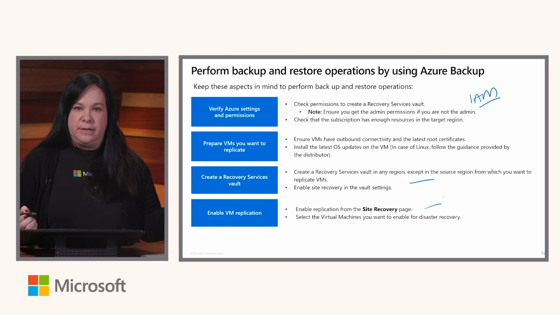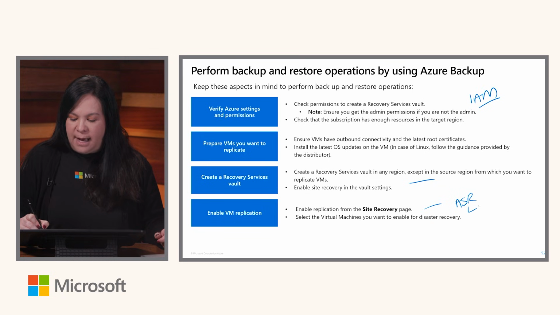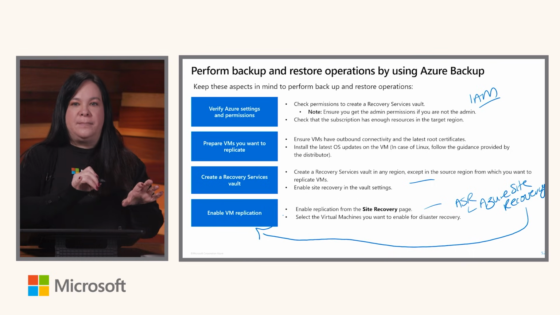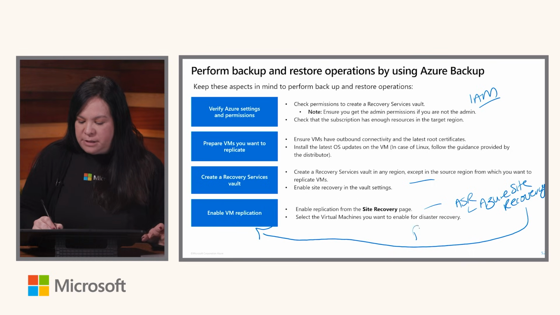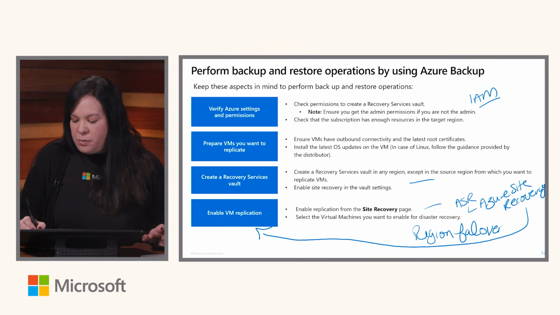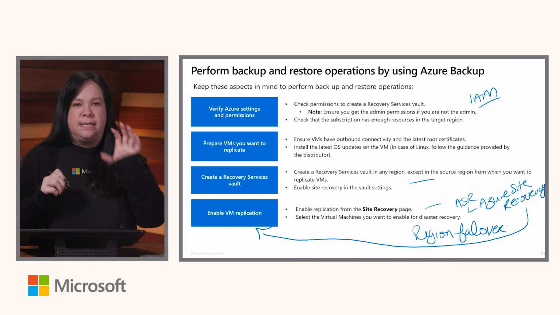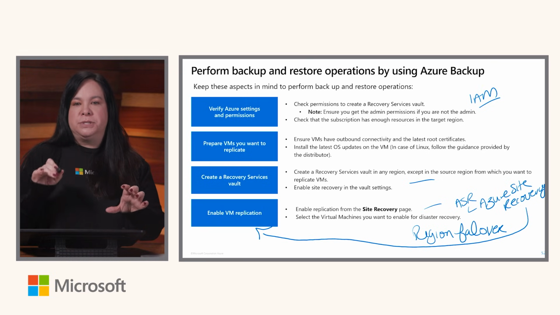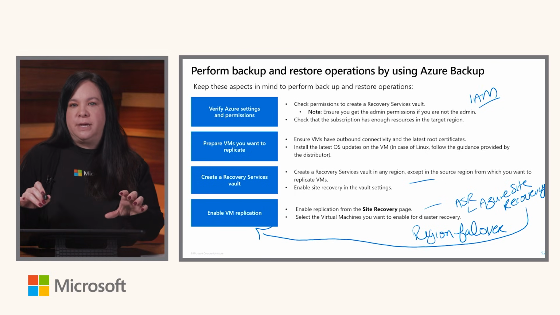What I said earlier, a couple slides back, is that within the recovery part, they have Azure Site Recovery, and Azure Site Recovery has a component to be able to replicate. This is when you want region failover. So know the difference between creating a single backup of your VMs and why you would do that, as opposed to doing replication, which is your regional failover, so more of your disaster recovery.